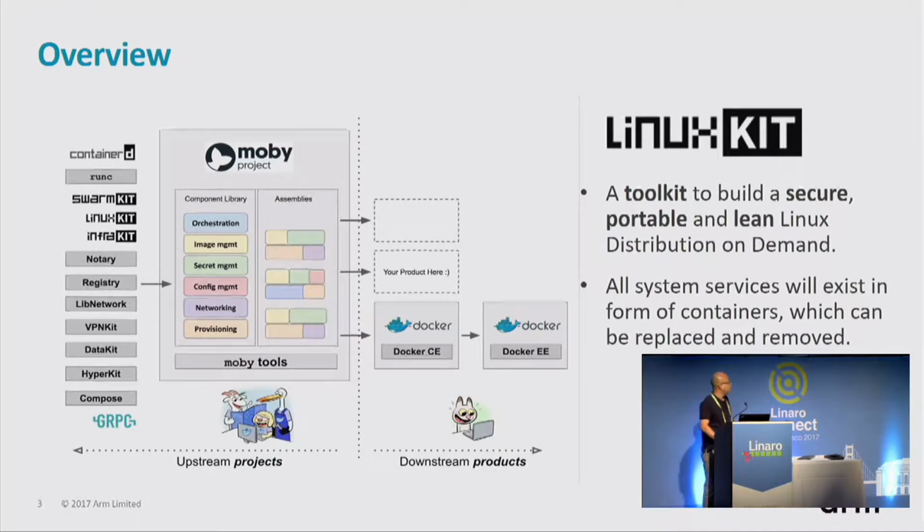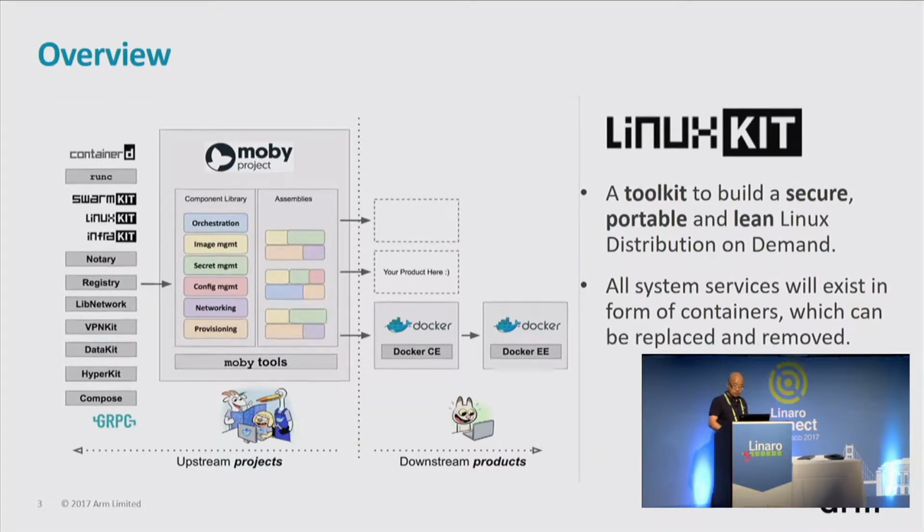So this is an overview of the two projects. It will give us a big picture of where we are. It will tell us where the LinuxKit and the Moby tool are. And also, we can see that logically, these two diagrams have two parts. The left is for the upstream projects. The right is the downstream products.